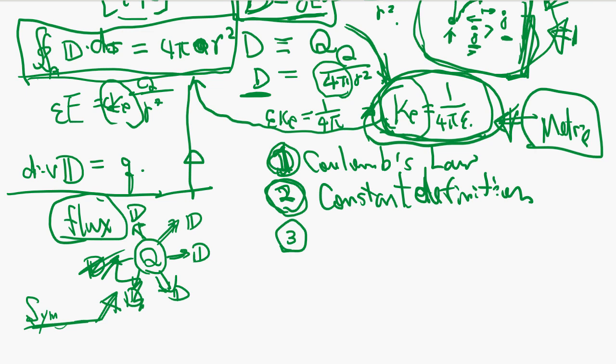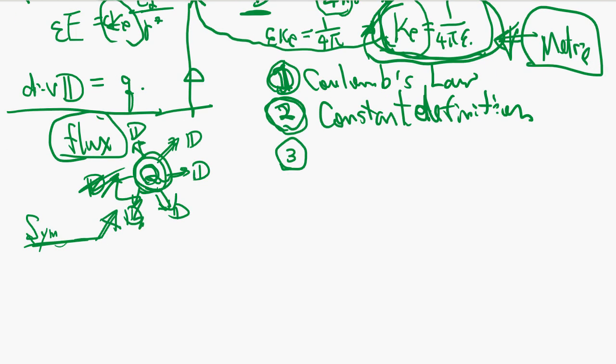If D comes out from Q, what is D? D is E, right? Electrical field. Now, how come we have two different things? Okay, think about this.